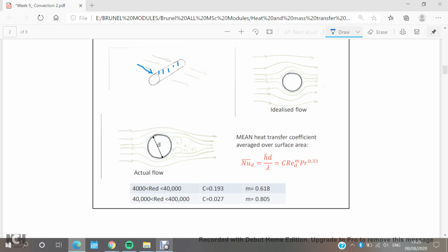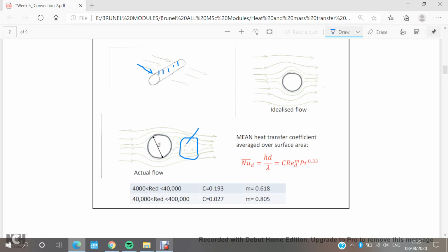In real life, or in the actual flow, it will take this shape, and you can see here there is a turbulent flow in this area, with three-dimensional vortices. So it is a mix of laminar and turbulent flow.